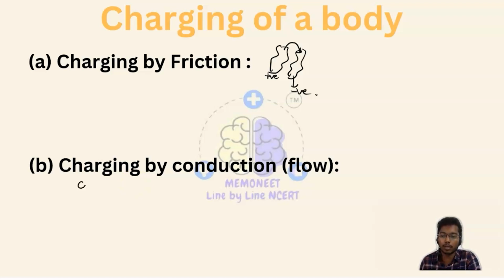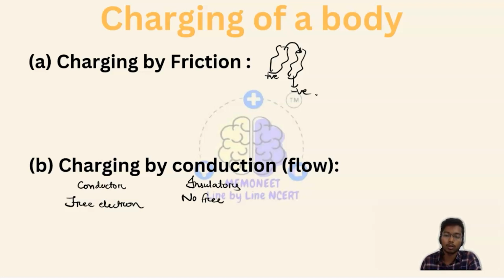So by this we can have charging by conduction. We have conductors. In conductors we have free electrons, much more in number, so charging can be done easily here. Then we have insulators, and these have no free electrons, so charging in them is difficult.